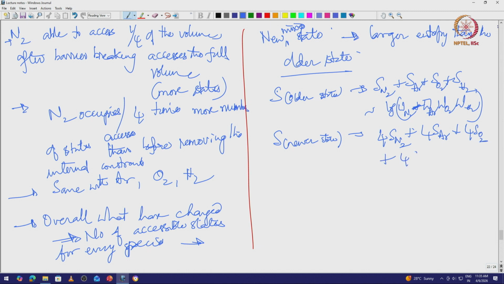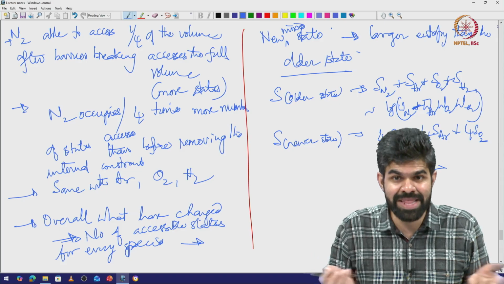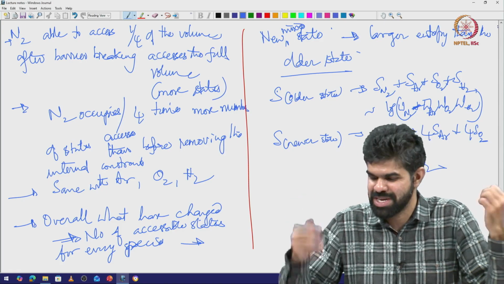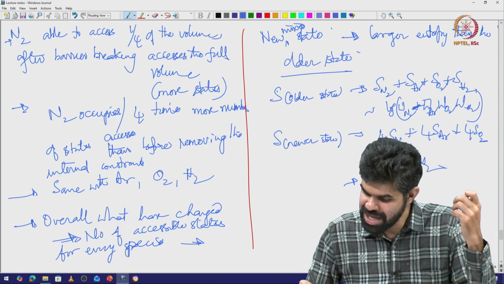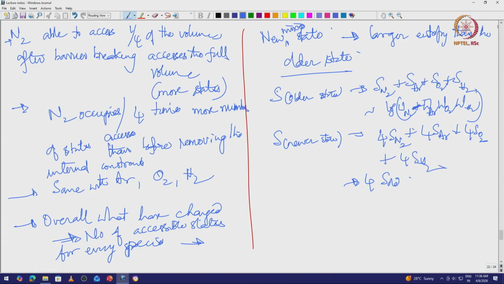Although the net volume is the same, now every molecule is able to share the entire space. Because of that sharing, the entire entropy of the system has increased. That is nothing but 4 times S old.